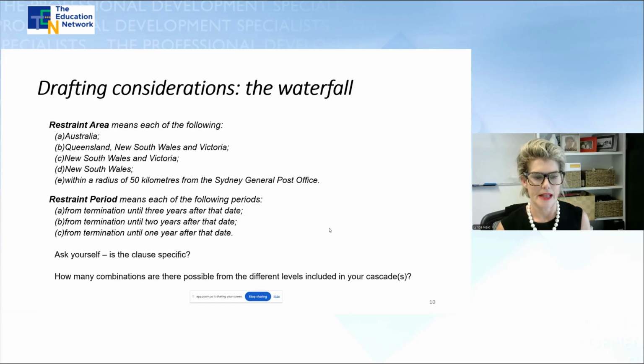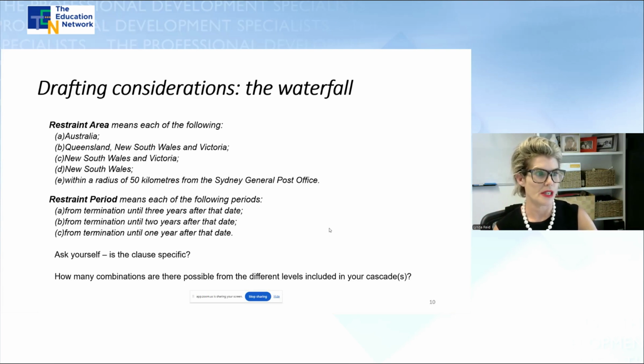The other thing is that we need to be careful about how many different combinations there might be using those different clauses and the different waterfalls that might be creating all of those different levels of combination. So here we've got 2 sets of waterfalls that will give 5, and using the 3 different options.